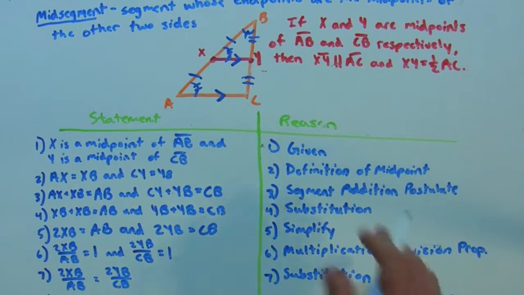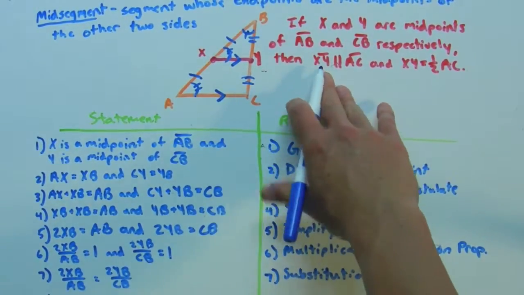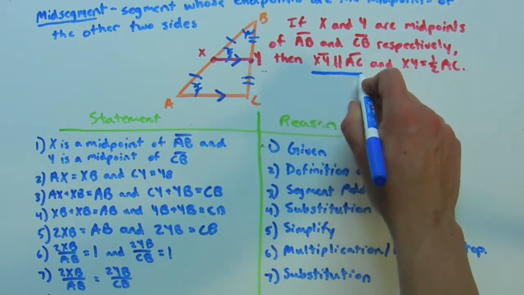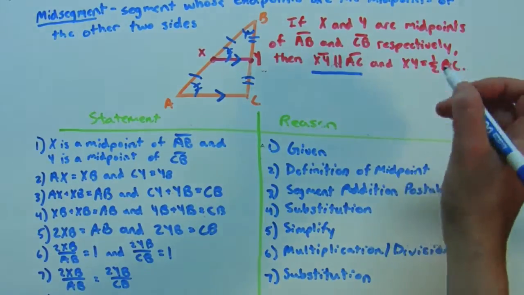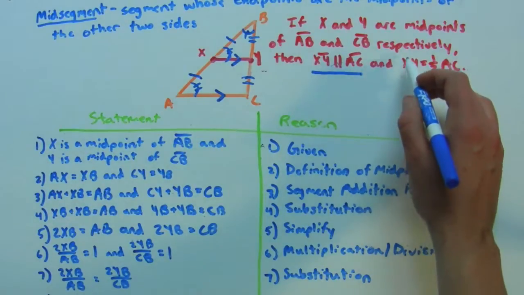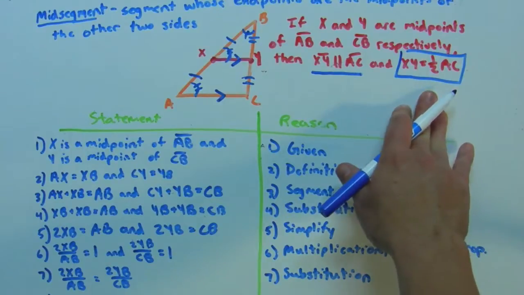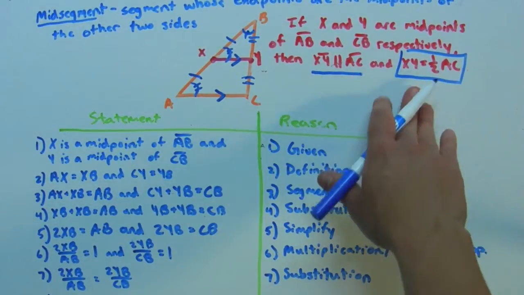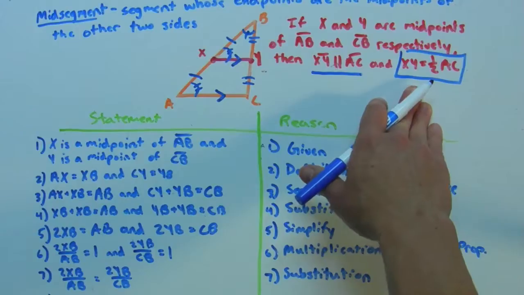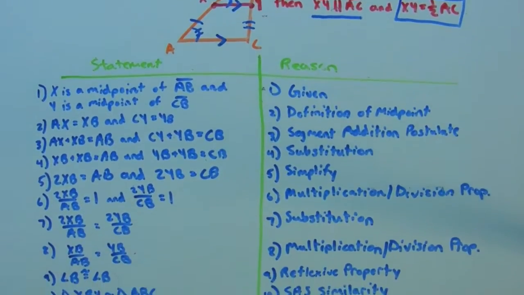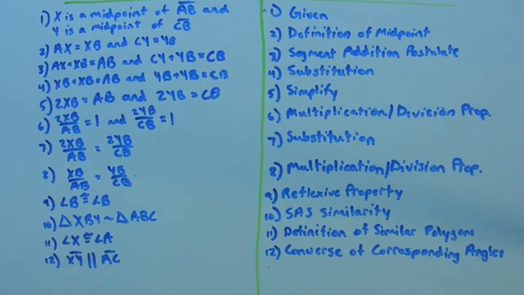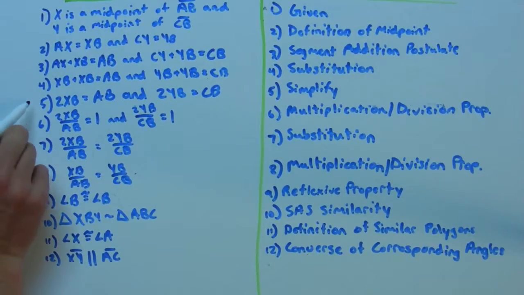Now, remembering our theorem, we needed to prove not only that XY was parallel to AC, which we've done now, we also need to prove that XY equals 1/2 of AC. But let's go back to an equation that we've already developed. In step 5, we said that 2XB equals AB and 2YB equals CB.